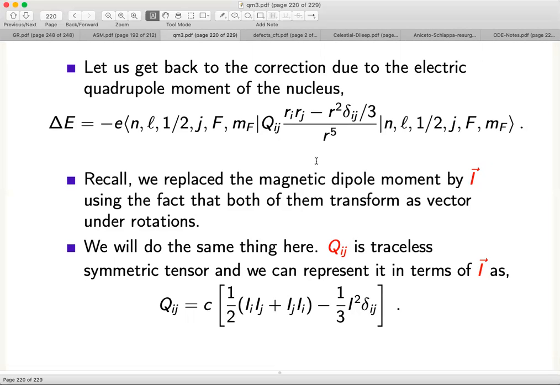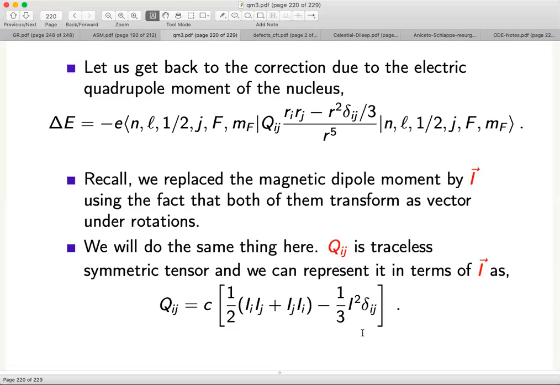It's pretty similar to the term written out here. In fact, this term was written in this particular form by using the fact that Qij was traceless. So this is what is called the traceless symmetric tensor. If you recall, we had discussed this quantity: scalar, vector, and a traceless symmetric tensor.